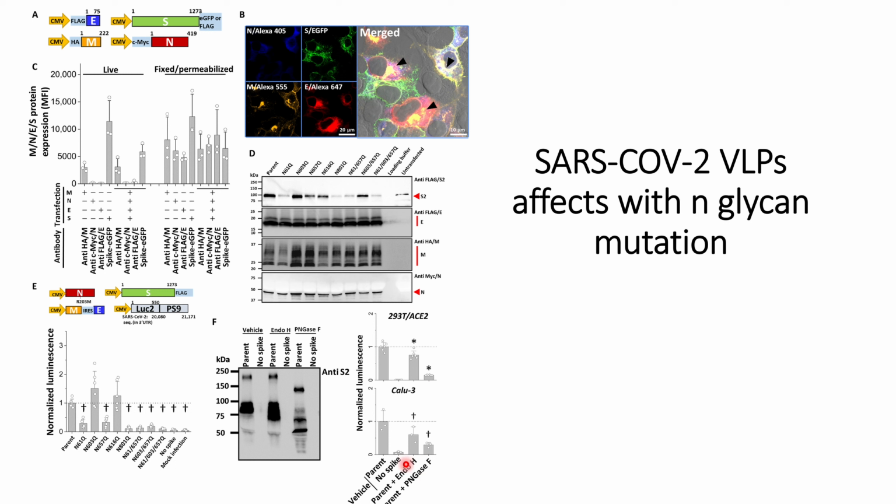The same thing happened when they did the experiment with Calu3 cells. This shows that SARS-CoV-2 entry into the cells is also dependent on the glycans present on the spike proteins of SARS-CoV-2. If you need to understand this in detail, you can go through the reference provided in the description.